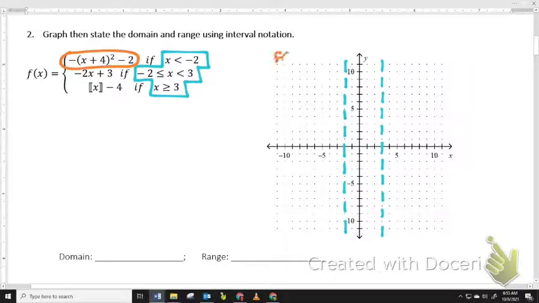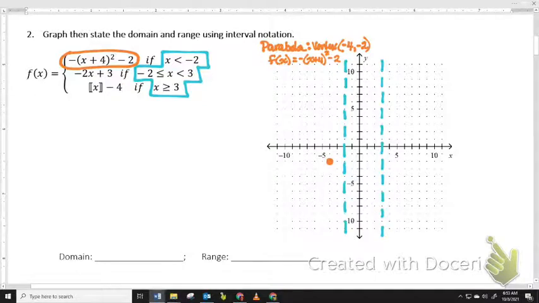All right, so I have f of x equals -(x plus 4) squared minus 2. Where is the vertex for this parabola? -4, -2. So I'm going to go ahead and plot that at -4, -2, right here.